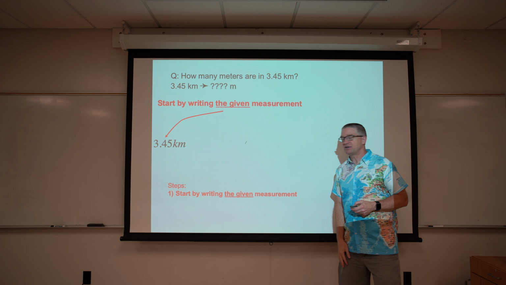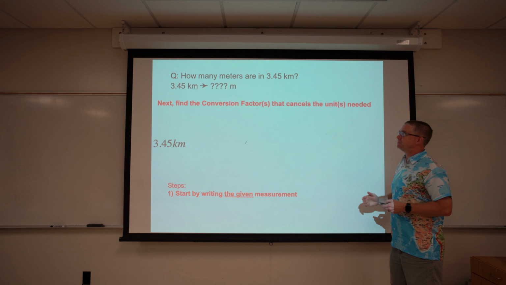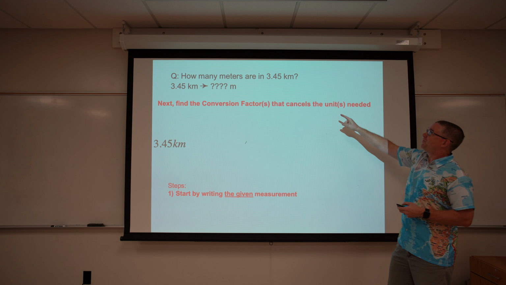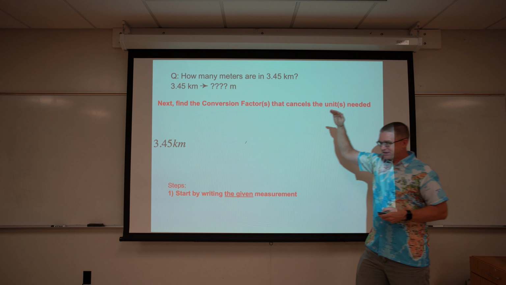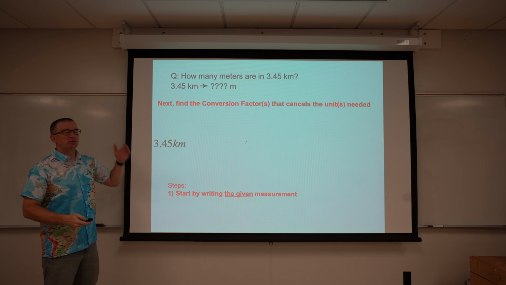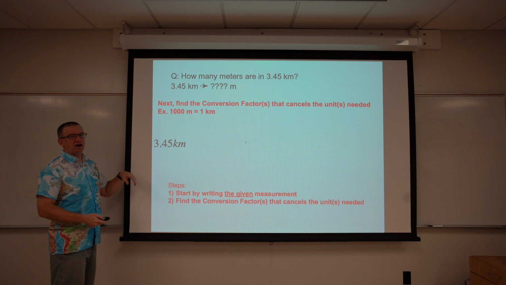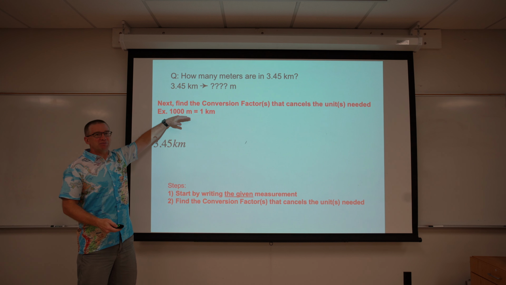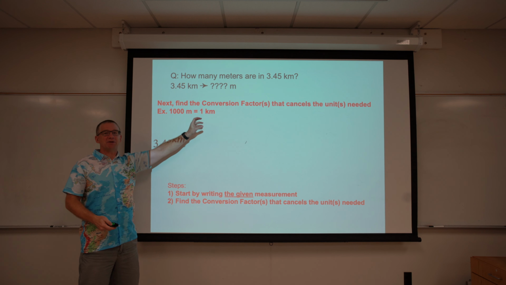Next, you go to your conversion table and you find something that relates to kilometers and meters. What you'll come across is that 1 kilometer is equal to 1,000 meters, or 1,000 meters is equal to 1 kilometer, either way.